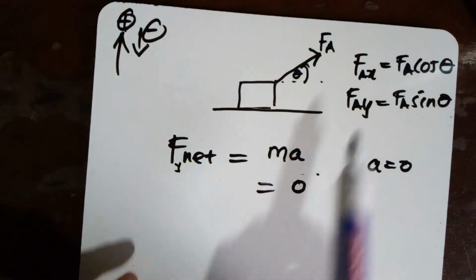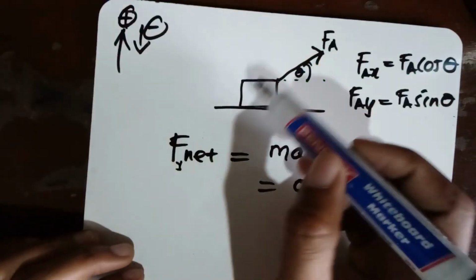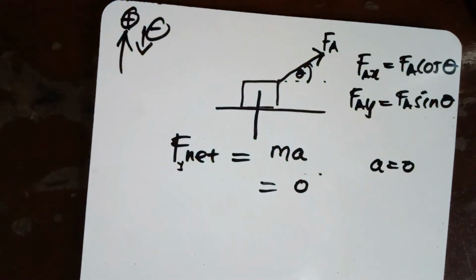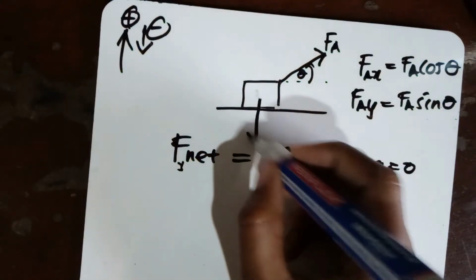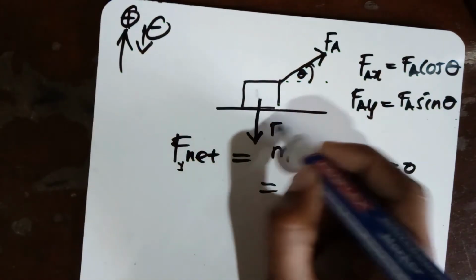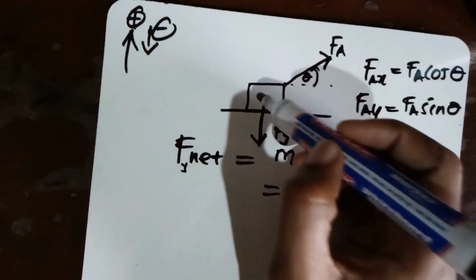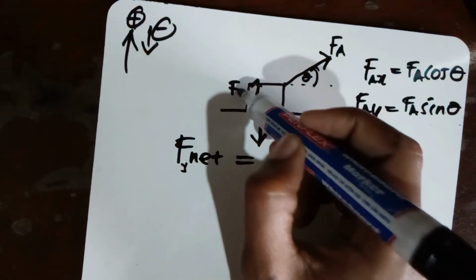Now we have to find all the forces acting in the y direction. We know that we have gravity from the center of this object, and it's facing down, so we call that Fg. Additionally, we will have the normal force.